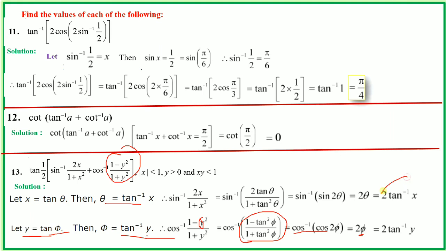Now we have got the simplest forms of these two. Now we'll go for this question, then we'll solve it. That is tan of 1 by 2 times sin inverse 2x upon 1 plus x square plus cos inverse 1 minus y square upon 1 plus y square. That is our question. So the value of this sin inverse and the value of this cos inverse we are going to put here.